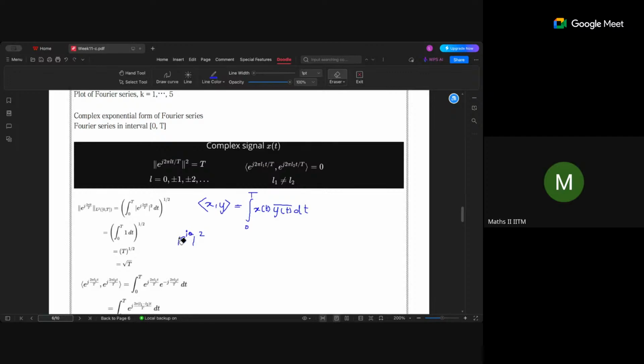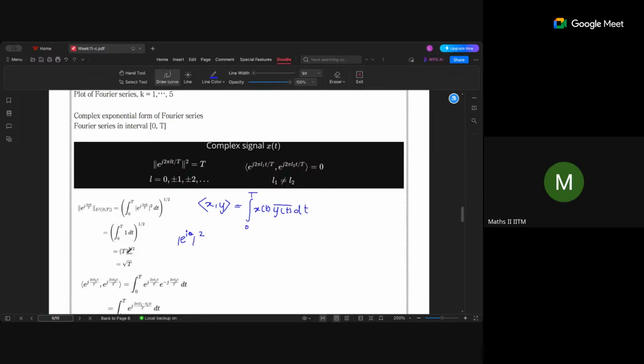The modulus of this is the square root of cos squared theta plus sin squared theta, right? So it becomes 1, right? So cos squared theta plus sin squared theta, you know that it is 1, and that's why this becomes 1 here, right? And then you will have here the integral.